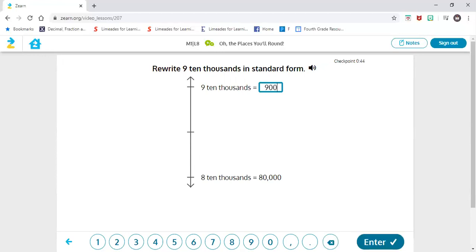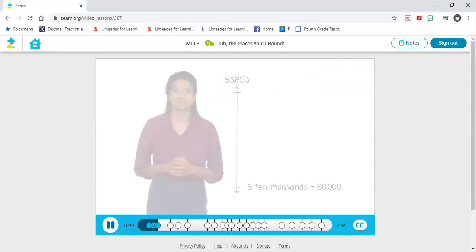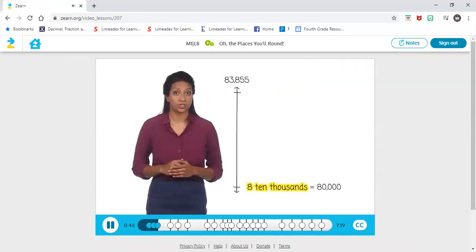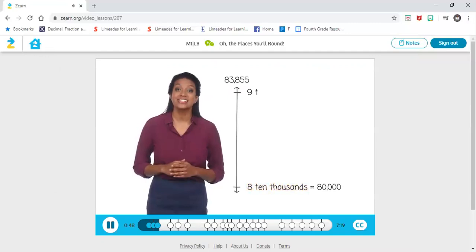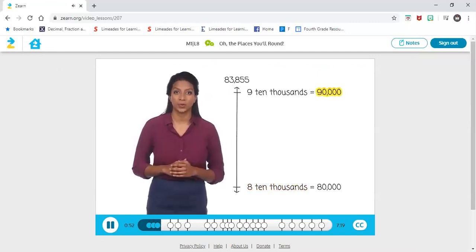And again, standard form is just what? Yes, the regular way that we write our numbers. 1 more 10,000 than 8 10,000s is 9 10,000s, or 90,000. So that's our upper endpoint. Notice our endpoints are 10,000s because we're rounding to the nearest 10,000.